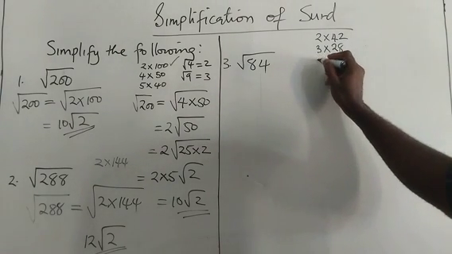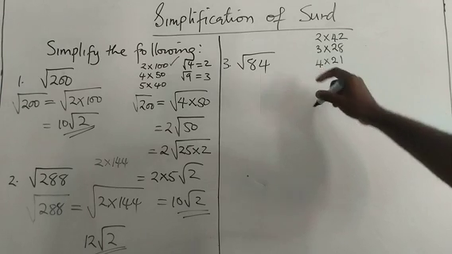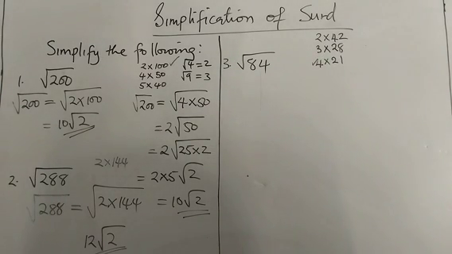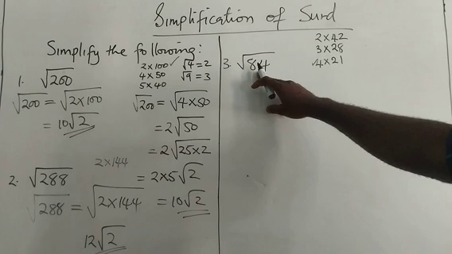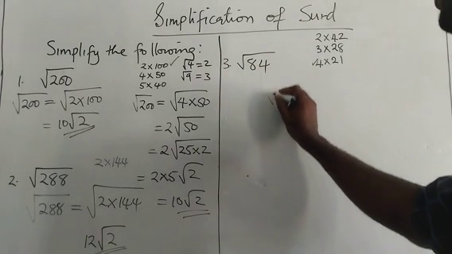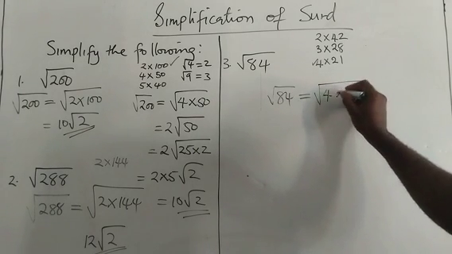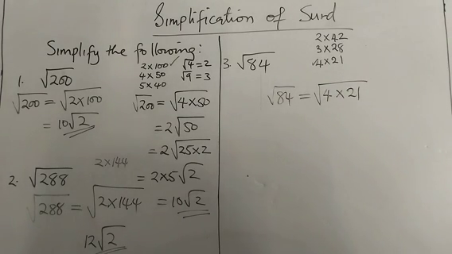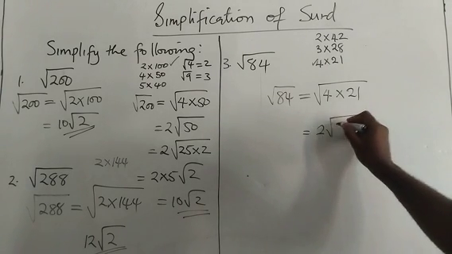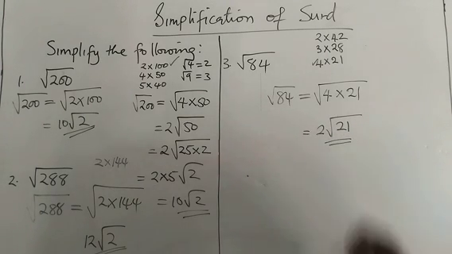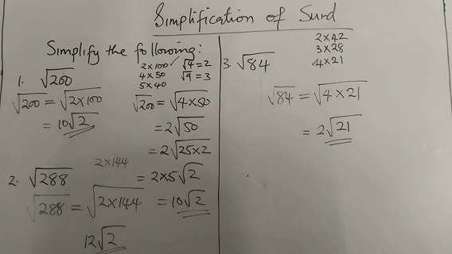We continue. 4 times 21. Now there is a perfect square here. 4 is a perfect square. So we're going to use this to simplify root 84. Root 84 equals to square root of 4 times 21. 4 is a perfect square. It comes out as 2 root 21. And this is the simplest form of root 84.